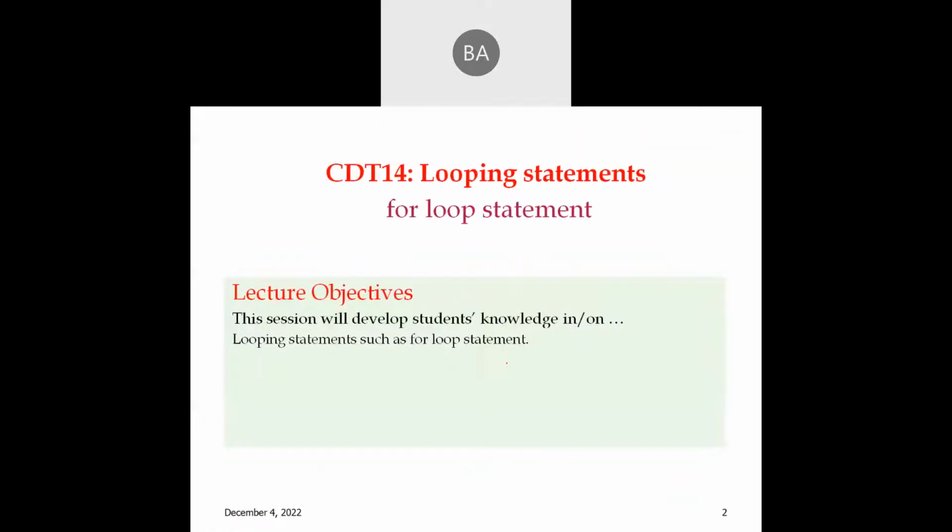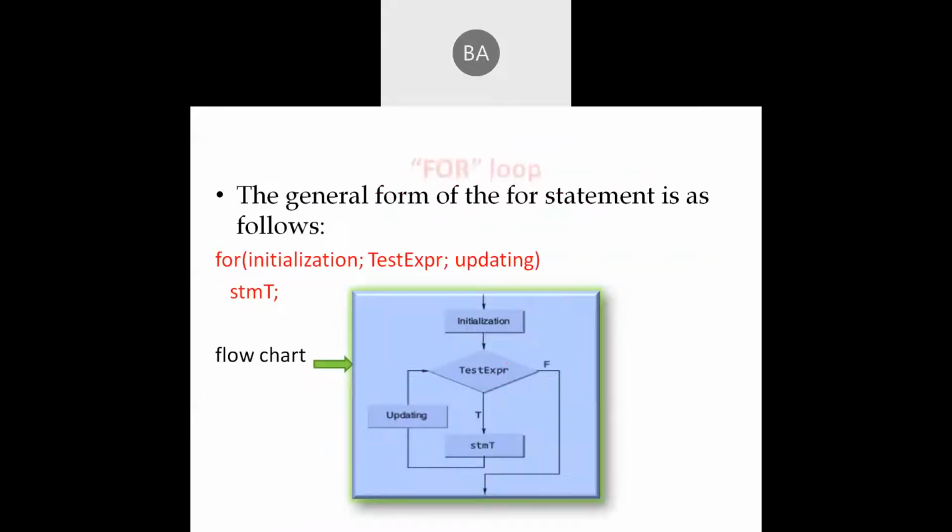The objective of this session is to develop the students' knowledge of looping statements such as the for loop statement. If you see the general syntax of the for loop statement, it goes like this. Earlier in the classroom discussion, we saw that every loop has three important parts.